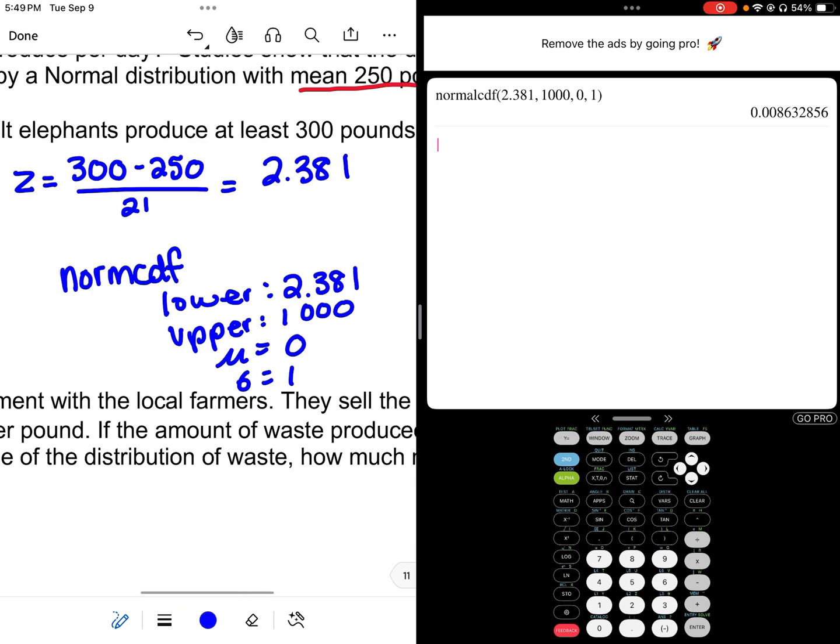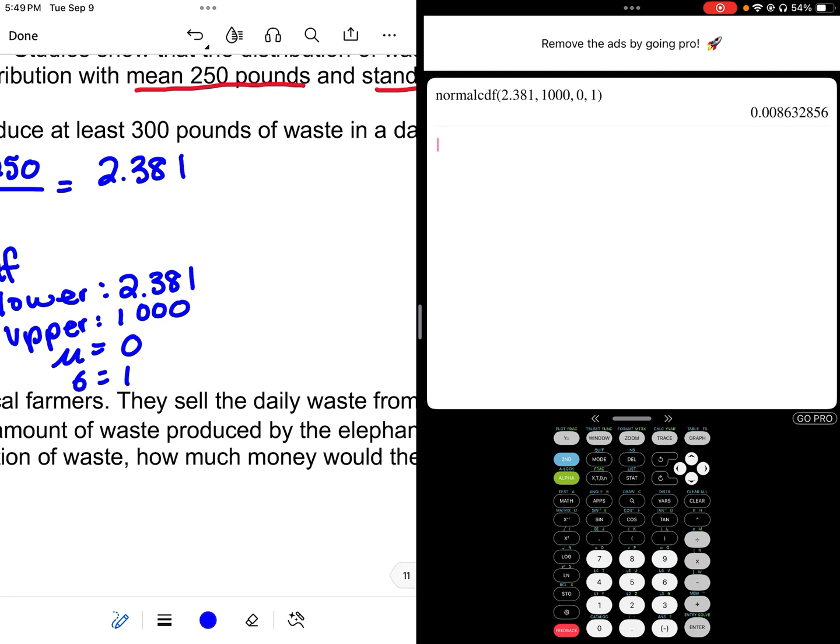Okay, so then the proportion or percent is 0.0086. And so that goes to 0.86%. And if you did 2.4, that would be fine as well if you rounded.